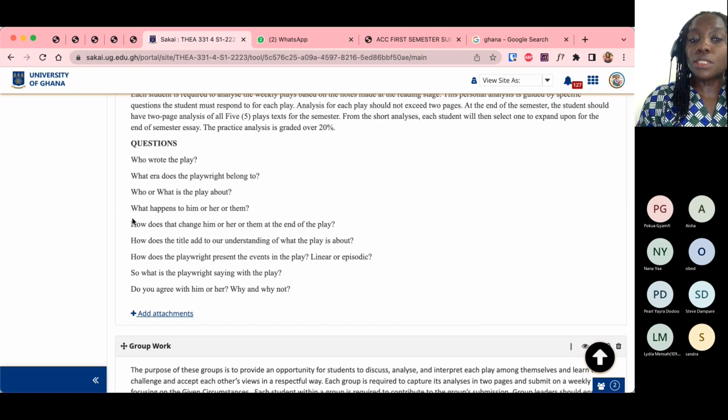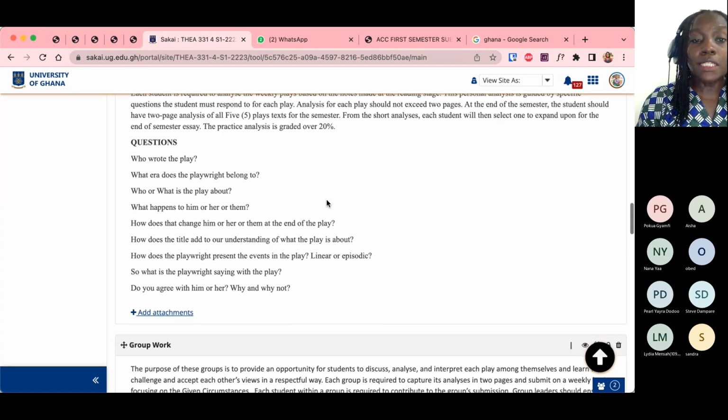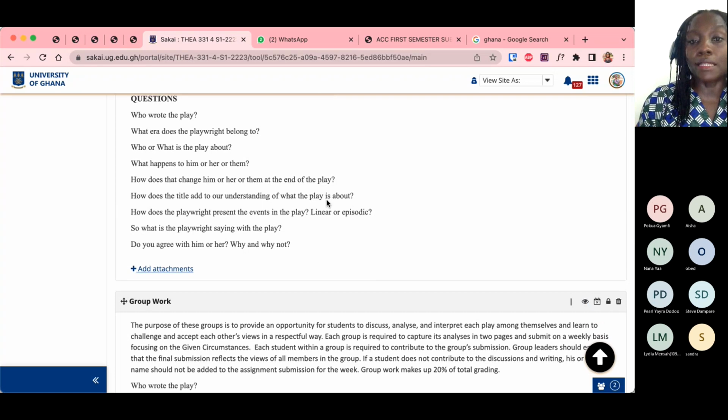So these are the questions that you will answer for the personal analysis you'll be doing. Who wrote the play? What era does the playwright belong to? Who or what is the play about? What happens to him or her or them? How does that change him or her or them at the end of the play? How does the title of the play add to our understanding of what the play is all about?